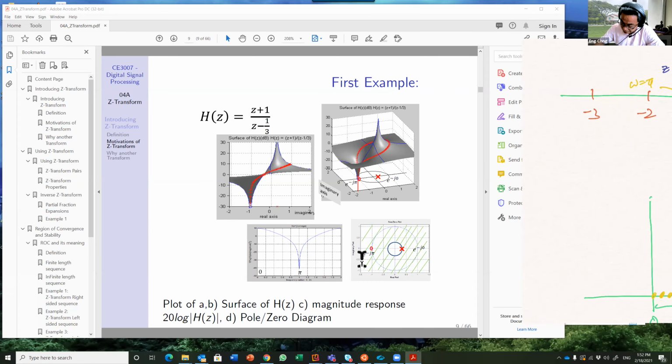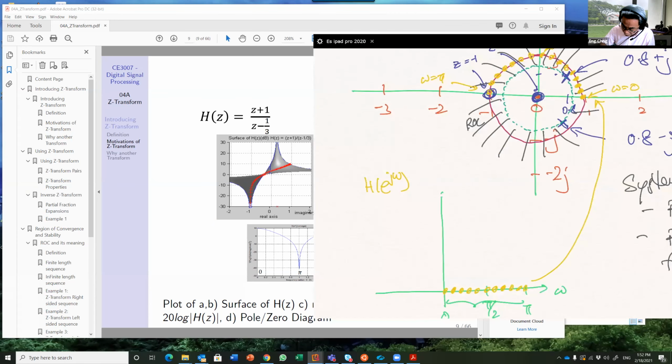That means that values of H(z) along this unit circle is exactly H(e^jω). All right. So we are going to plot H(e^jω). By plotting H(e^jω), we'll understand what type of filter it is.